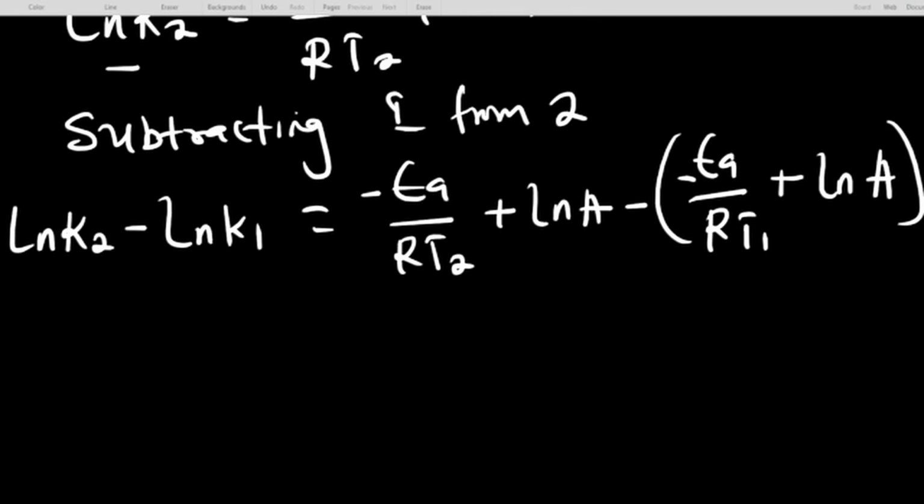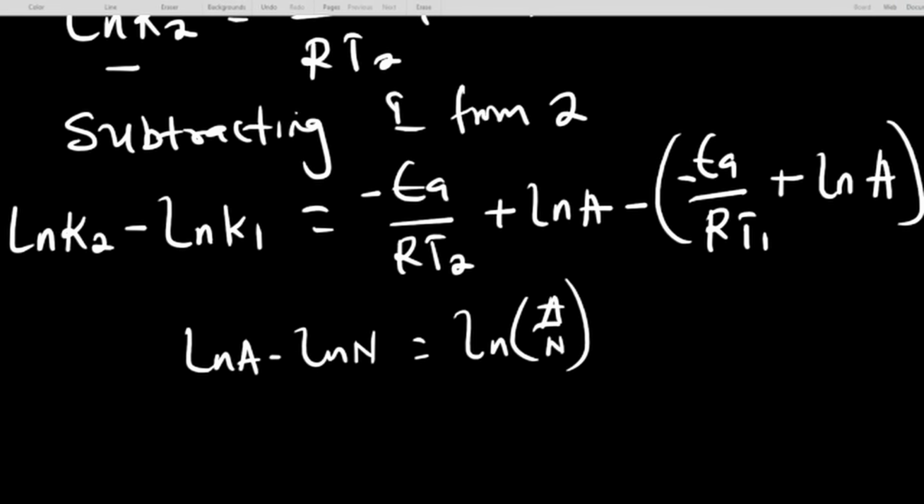Remember, we have another law of logarithm that says if two logarithms are subtracting, it means you can divide them. So let's suppose you have ln A minus ln n, something like this. This can be written as ln A over n. So we also apply the same principle here to simplify the logarithm.